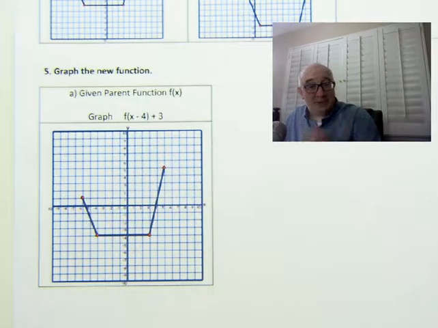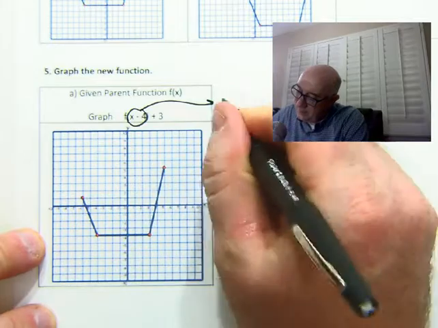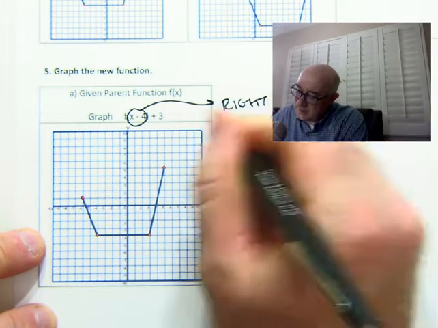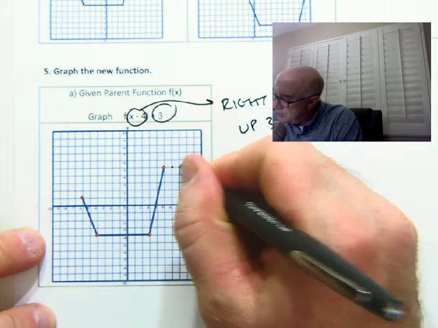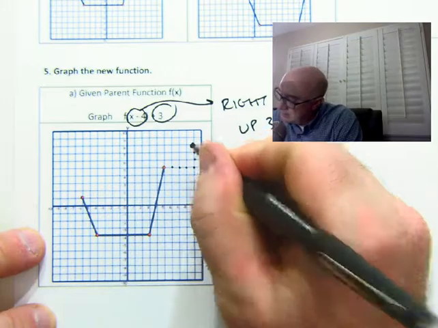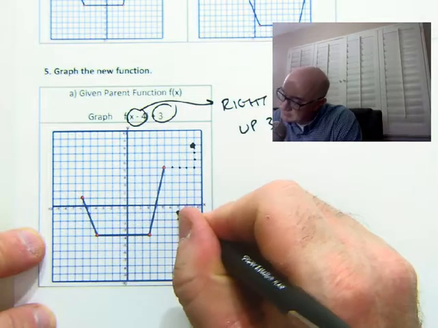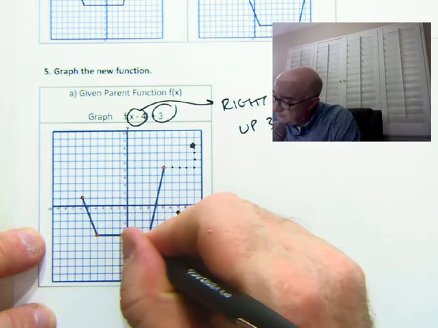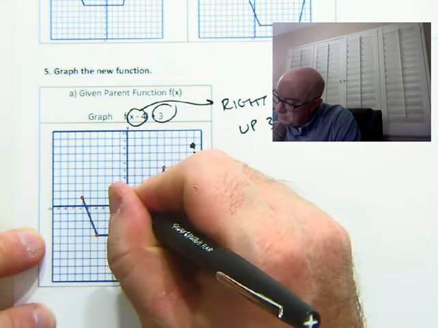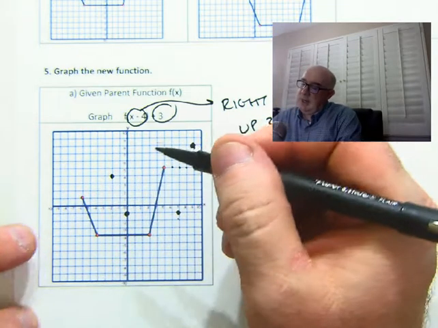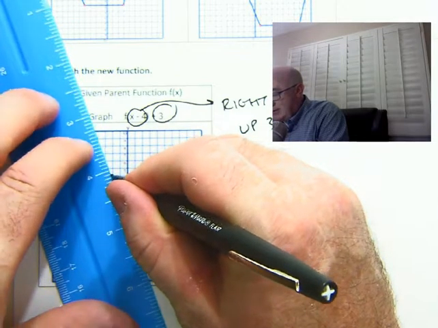Last one, they want you to take a function and adjust it. This would be 4 to the right, and this would be up 3. So I would move each point 1, 2, 3, 4, 1, 2, 3, and so on, and then if I connect the dots, I will have adjusted my graph to this.